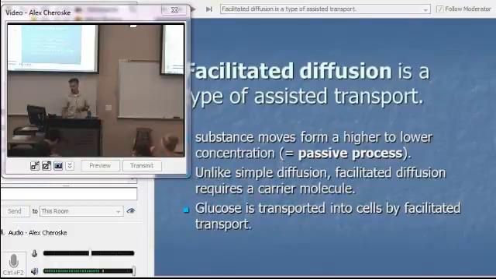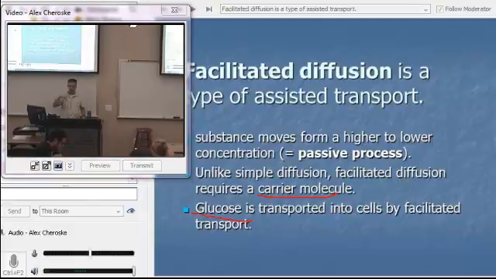So with assisted types, like we said, we can have passive. So there's like facilitated diffusion. That's like we said, it's going the way it would naturally go, but it needs an escort. So that's called facilitated diffusion. A facilitator makes things easier, right? So this is a transport molecule that is going to escort something across the wall. Glucose, that sugar molecule that we need, that's the way it gets inside of cells. It doesn't diffuse across. It can't get across the lipid bilayer.